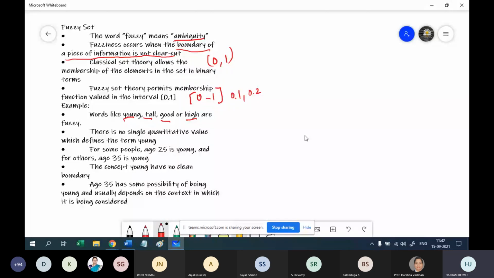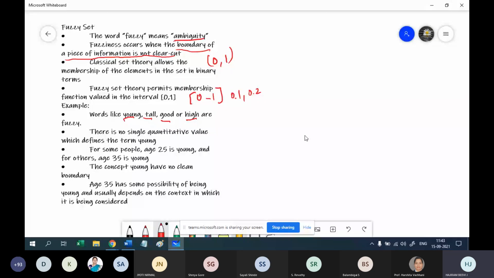We don't have any single quantitative value which defines the term young. Some people say age 25 is young. Some others say age 35 is young. So here there is no clean boundary. Age 35 has some possibility of being young, and it usually depends on the context in which it is being considered. So this is the example for fuzzy.